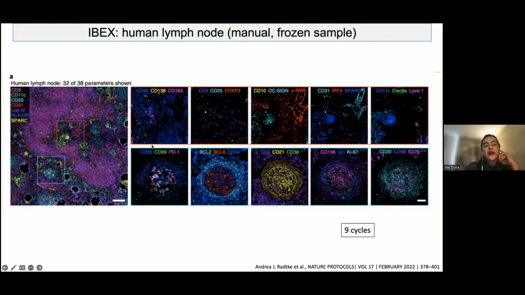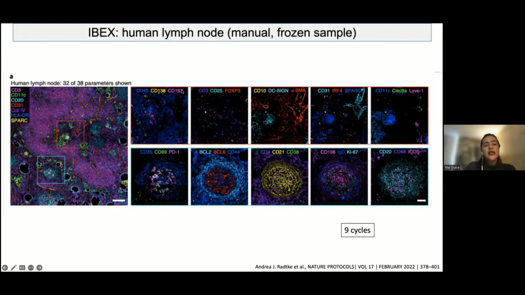Outside of the B cell region, you can see a T cell rich region. Similarly here, you can see a few T cells spread through the lymph node. So you can clearly have a very good idea of the distribution of different cell types in this lymph node.